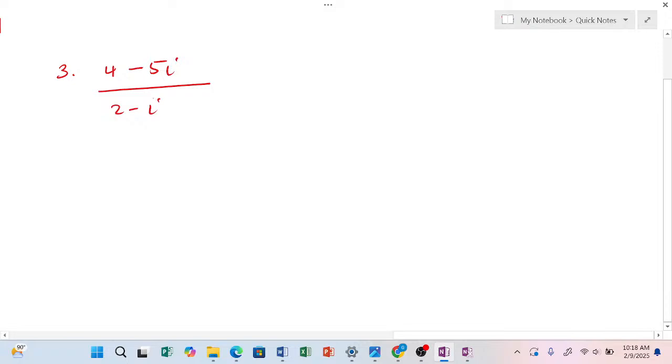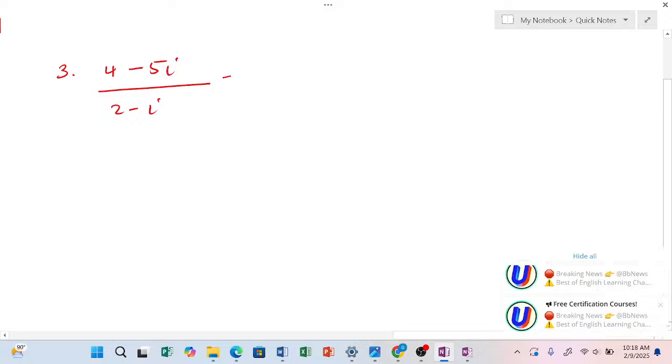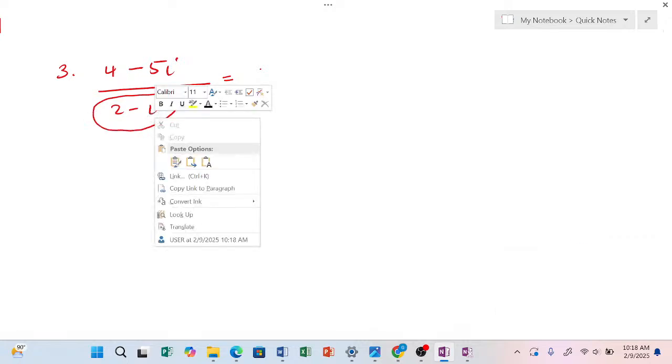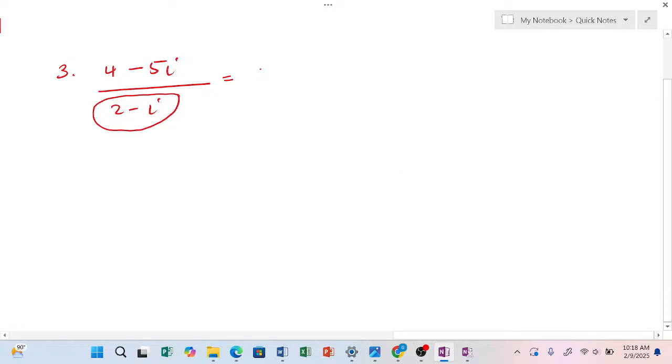Because we have an i there, we need to rationalize the denominator. We look for the conjugate of this, and the conjugate is 2 plus i, right? So we take the conjugate and use it to multiply the numerator and the denominator.